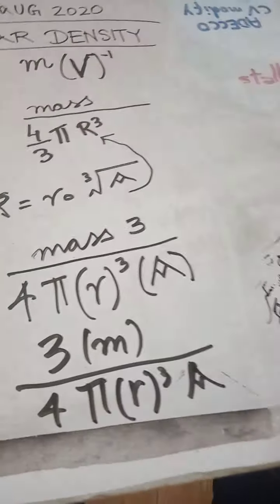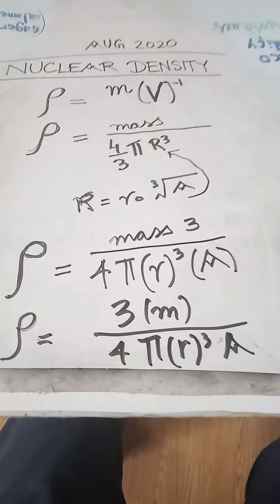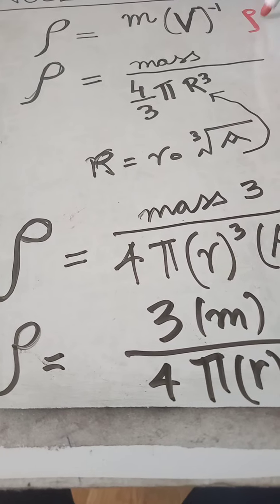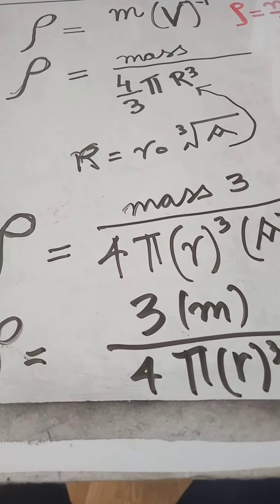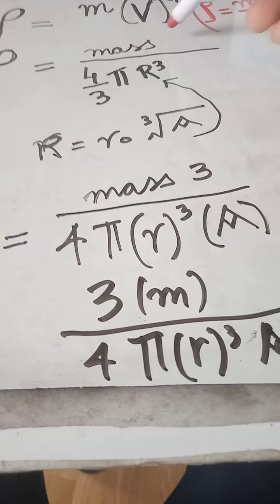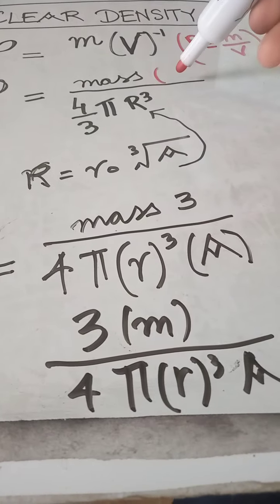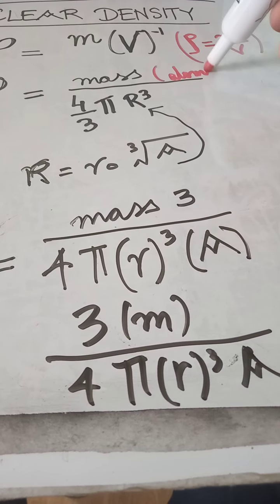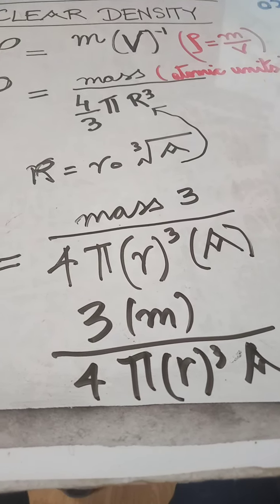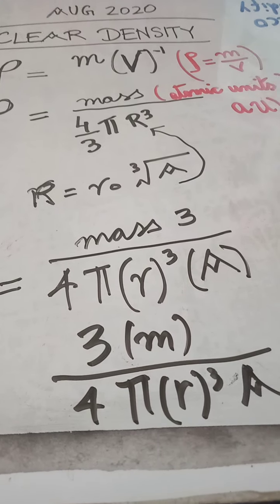Let me use a red marker. So that's how things will be. Nuclear density would be the same as mass per unit volume, right? And then you put the mass here, and the mass will be in atomic units, AU.